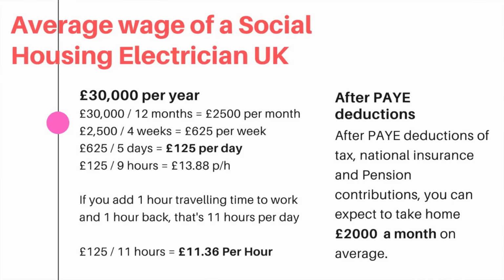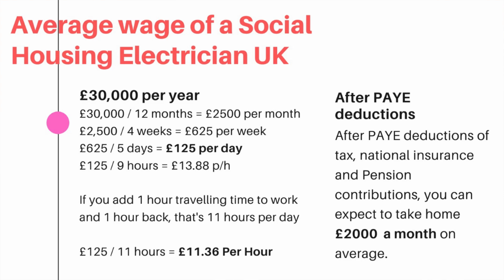So anyways, we're going to move on now to the average wage of a housing electrician in the UK. This is after I've done a little bit of research, having a look at the jobs online. The average wage I've worked out is about £30,000 per year.